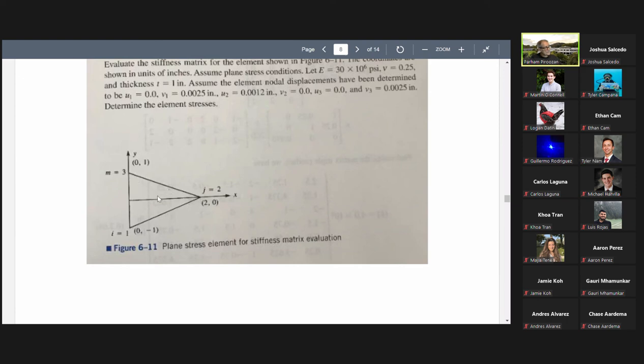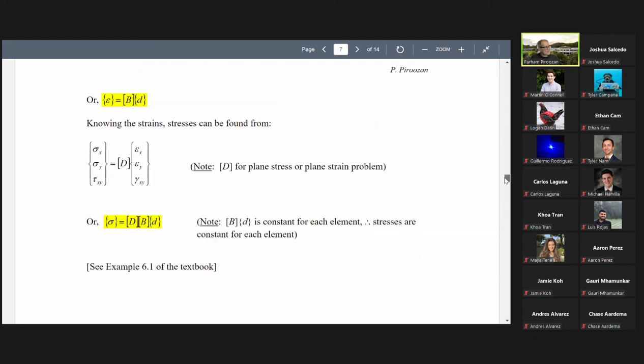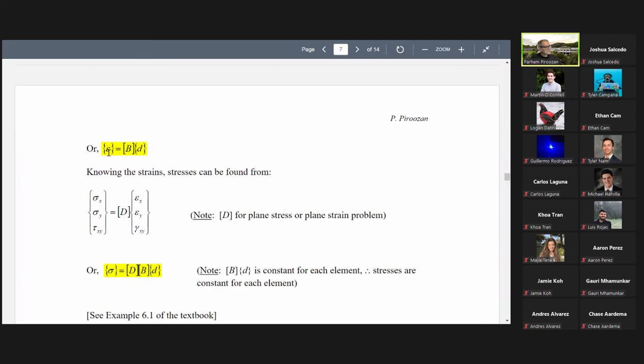Here? At the centroid? Constant over the full element. Very good, you're right. That's what makes this element very simple, because if strain is constant, you see strain and stress are related here. If this strain is constant, this BD is a strain.